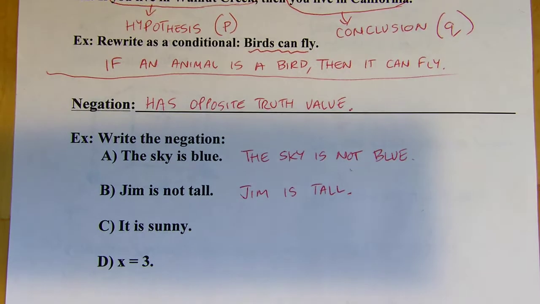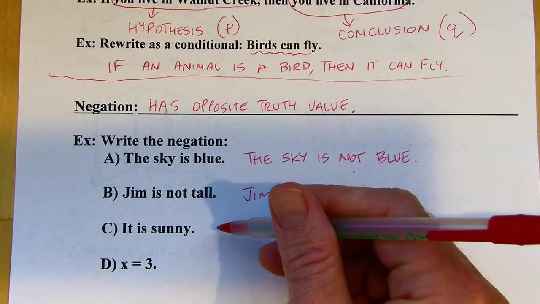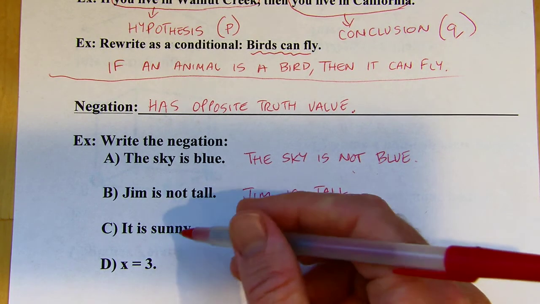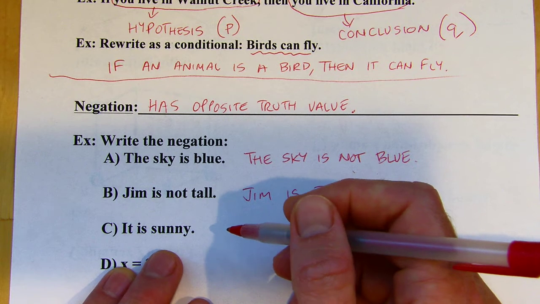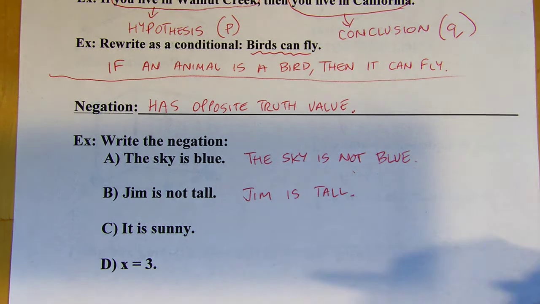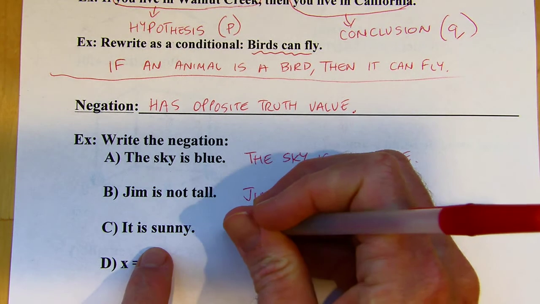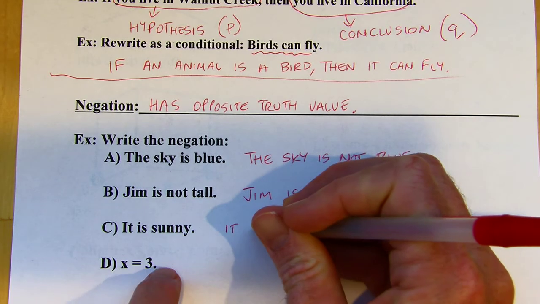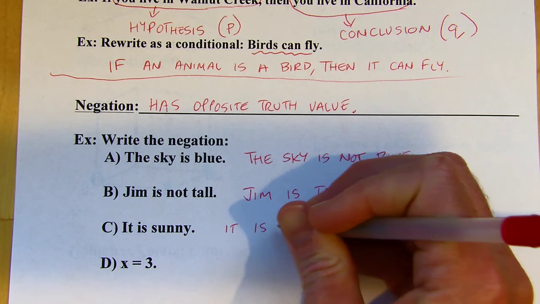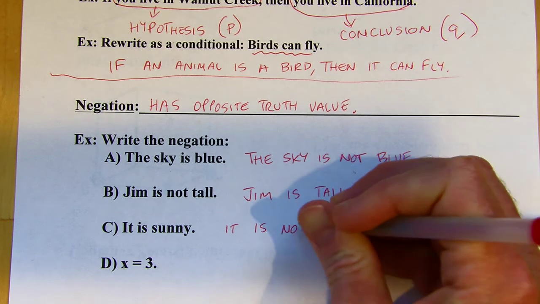So here again, though, some people will fall for the it's rainy, but there's other things it can be besides sunny and rainy, right? It could be cloudy and not raining or something like that. So I want to cover all of the things that aren't sunny, so I'm going to say it is not sunny, or you could use the contraction isn't, that's fine too.